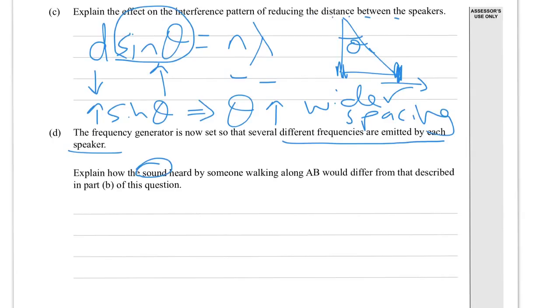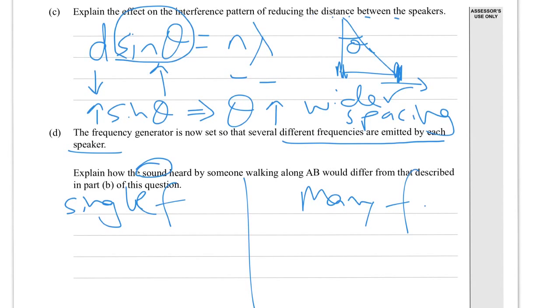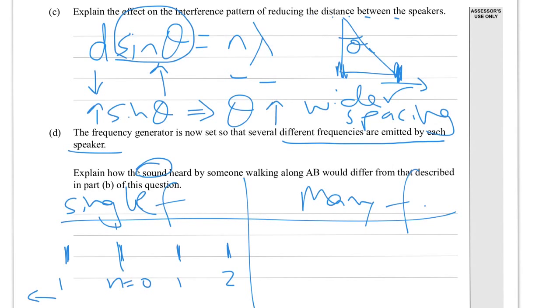So part B was single frequency, and now we're considering many frequencies played at the same time. So crucial thing, single frequency, you just have the standard fringe spacing all the way through, with, if this is n equals 0, you've got a 1 and a 1 and a 2 and a 2 further down that way, and they're all going to be the same frequency.